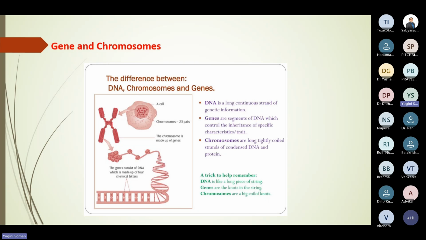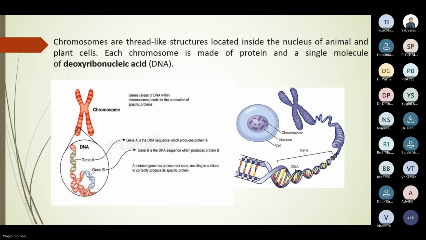DNA is a long, continuous strand of genetic information. What is a gene? A gene is a segment of DNA which controls the inheritance of specific characteristics or traits.